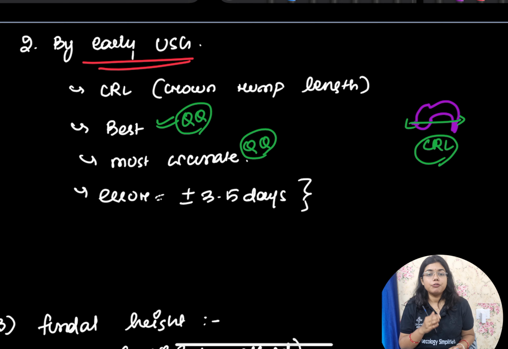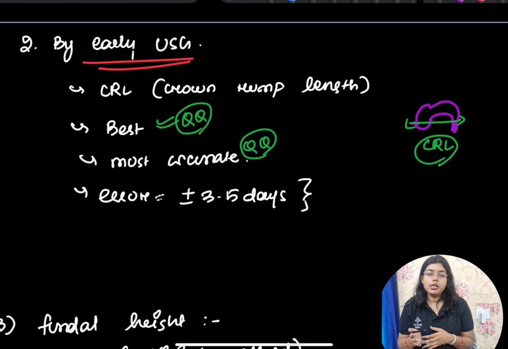That means if we have done an early ultrasound, that means a first trimester ultrasound at less than 12 weeks of gestational age, and we have calculated the crown rump length at that time, the CRL, then when we measure the gestational age by seeing the CRL, that will indicate only about 3 to 5 days of maximum variability.